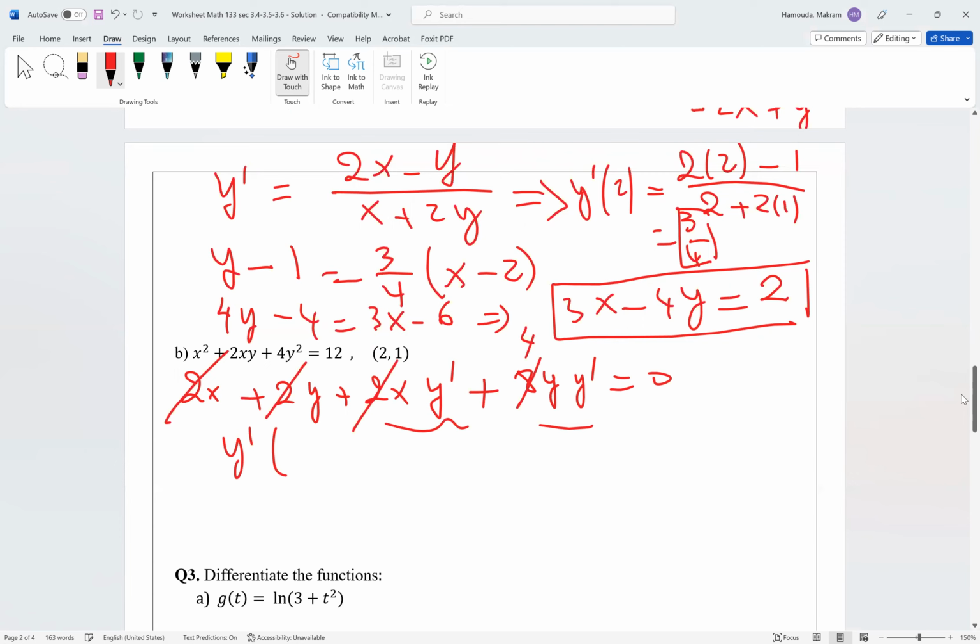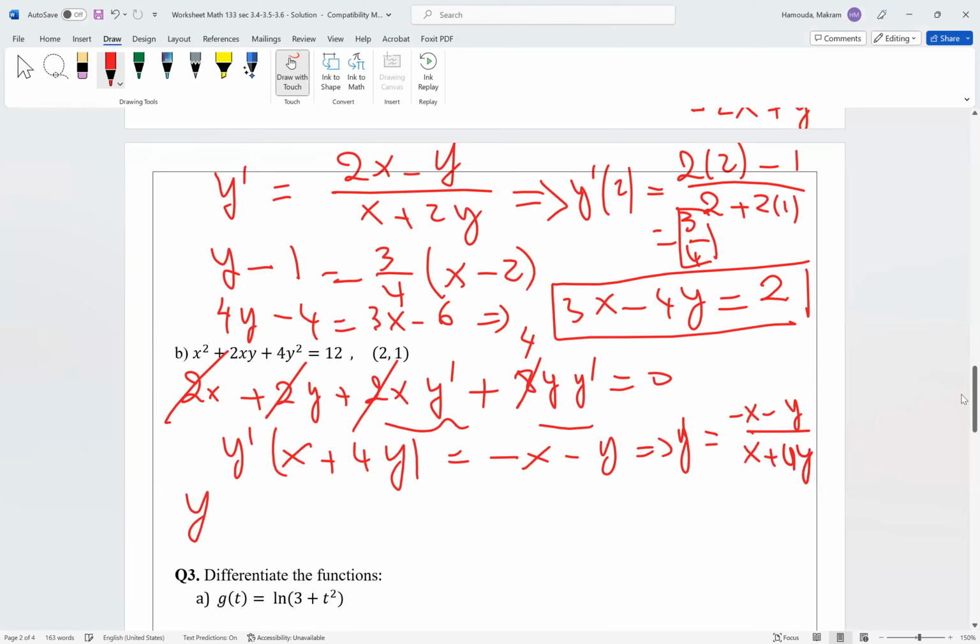So x plus 4y times y prime equal to minus x minus y. That gives y prime equal to minus x minus y over x plus 4y. At the given point, y prime at 2 will be equal to minus 2 minus 1 over 2 plus 4 times 1. It is minus 3 over 6, that's minus half.